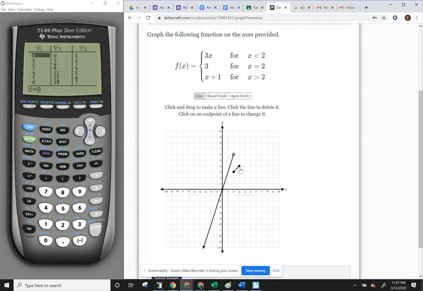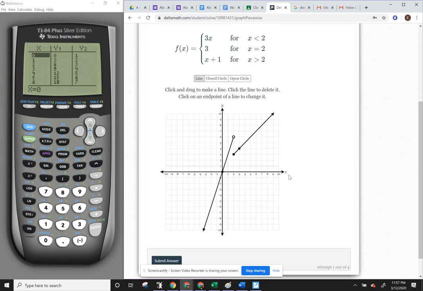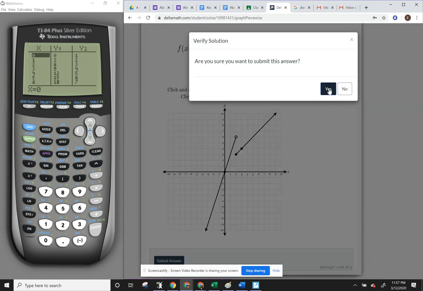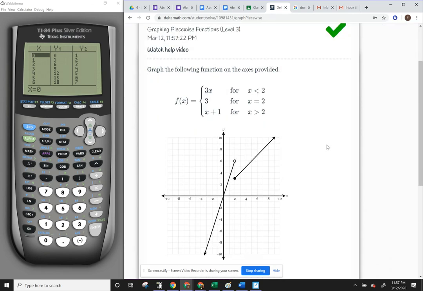However, this point is going to need to go to positive infinity because this also does not have an end point now. It's just saying x is greater than 2 infinitely. I'm going to click this point twice. And that should be it. And there it is. Hope that was helpful.